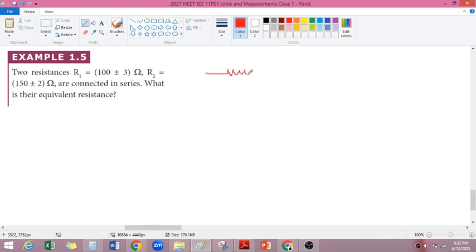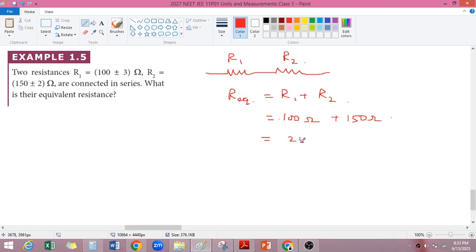In your 10th standard knowledge, you know that resistance in series means you can simply add them to find the total resistance. So R equivalent is equal to R1 plus R2. In 10th standard, they would have given 100 ohms plus 150 ohms, and you would have said the total is 250 ohms. That's a very easy problem. But now since you are in 11th standard, we are talking about uncertainties, so you should know how to handle the uncertainty.